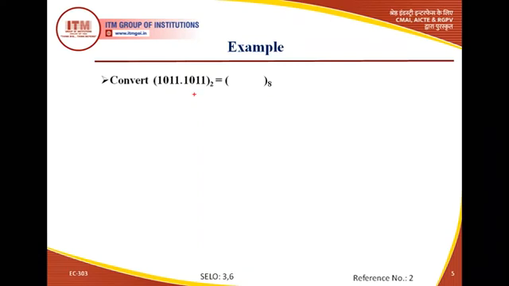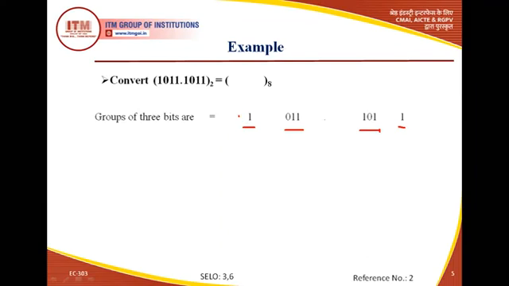From the binary point we make groups of 3 bits. The first group is 011, and a single 1 is remaining. Similarly in the fractional part, one group is 101, and a single 1 is remaining. So in the integer part we add 0s here.